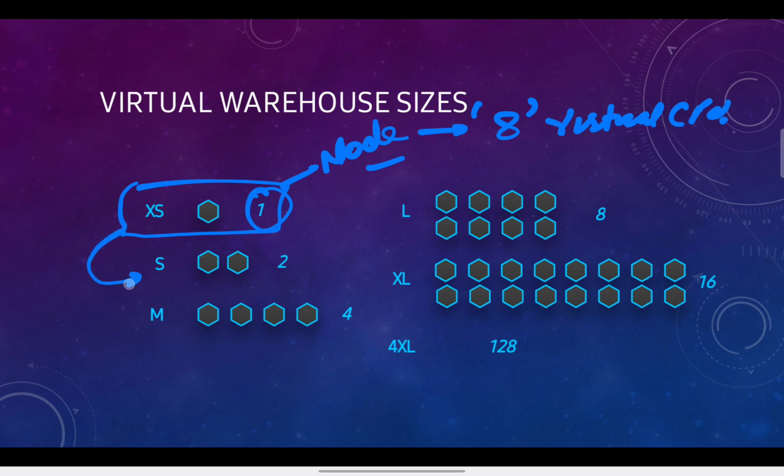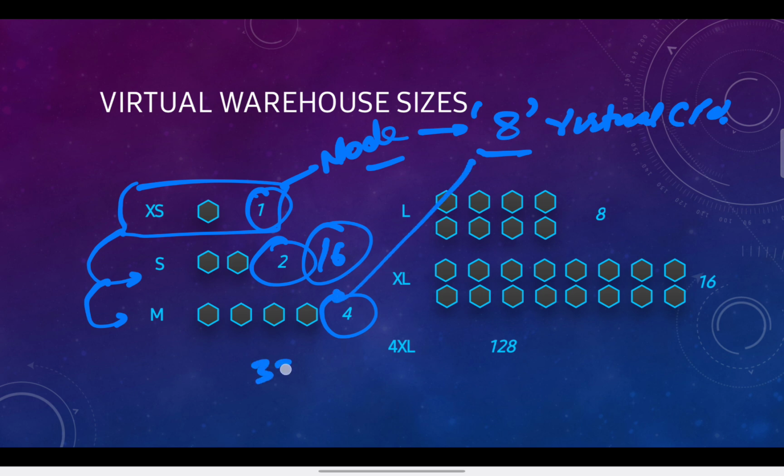Then there is the small warehouse. There are 2 nodes, means there will be 16 virtual CPUs. Then there comes the medium, which has 4 nodes, and multiplying this we will have 32 virtual CPUs.